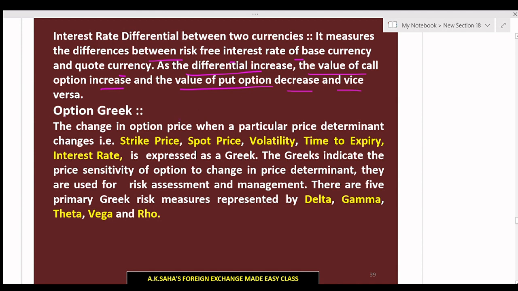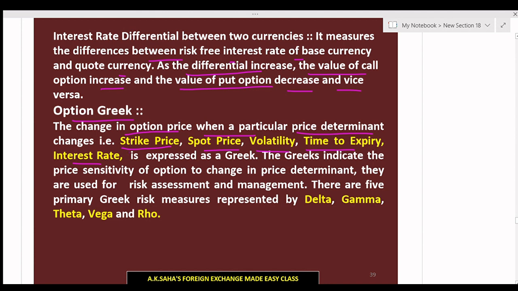Now come the option Greeks. The change in option price when a particular price determinant changes, that is strike price, spot price, volatility, time to expiry, interest rate. That is, if these change, then the option price will change.